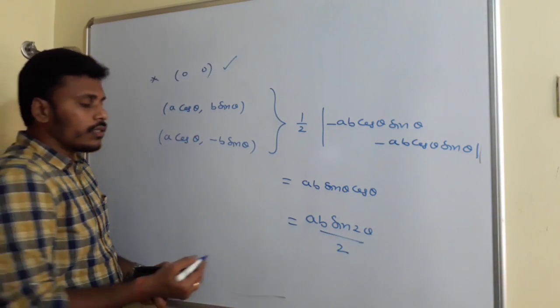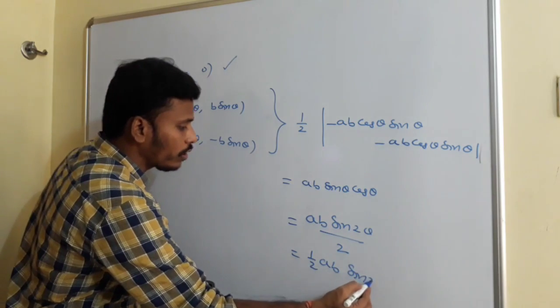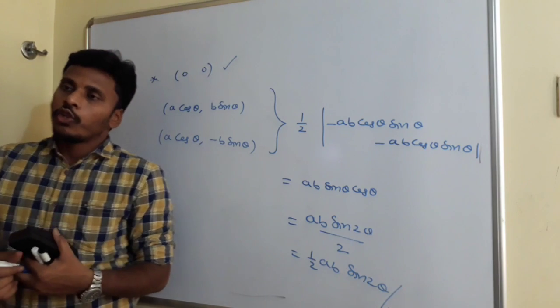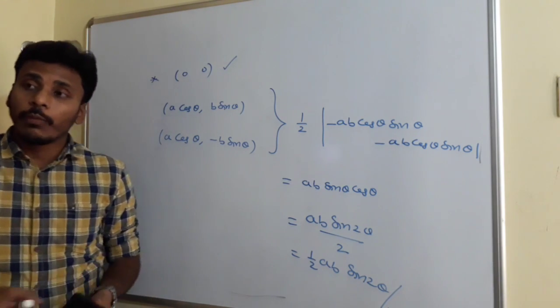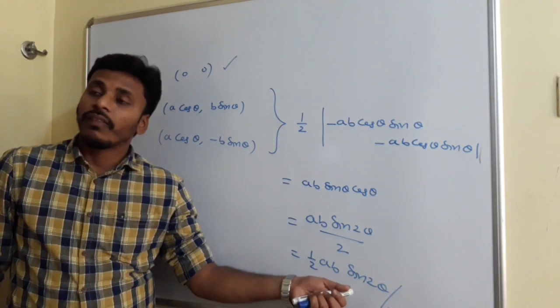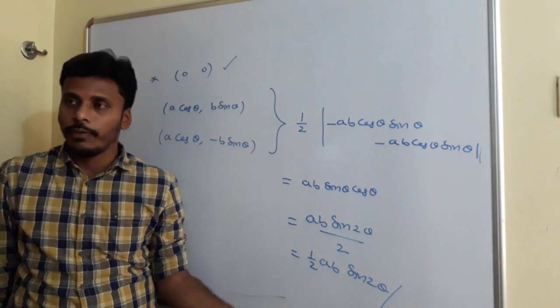Now AB and 2 are constants, whereas sin 2 theta will vary depending on the value of theta. Take different values of theta, but the maximum value of sin is always 1. If sin 2 theta is 1, then only you will get the maximum value for this triangle, and it is half AB.